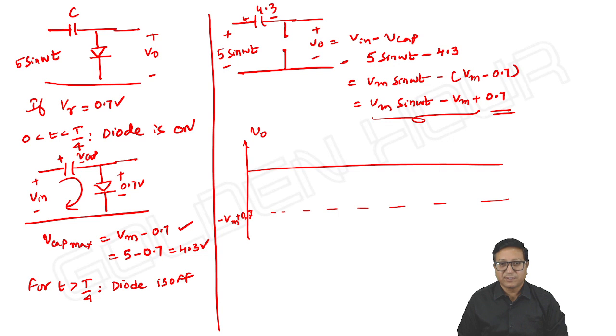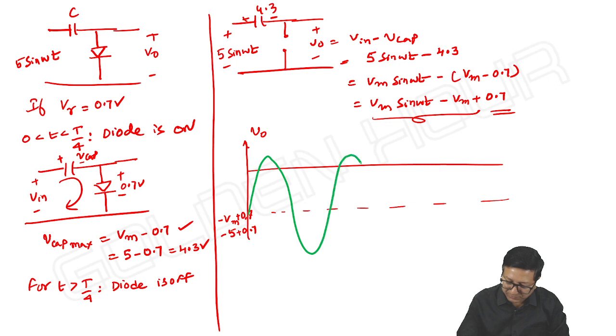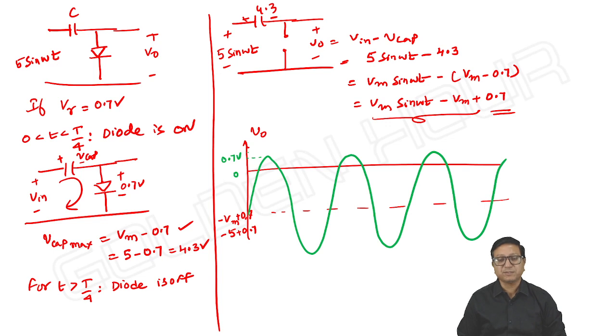Okay, this is how we can see the output waveform. Of course, in this example, it is minus 5 plus 0.7 volts. Steady state waveform. It is 0 at 0.7 volts.